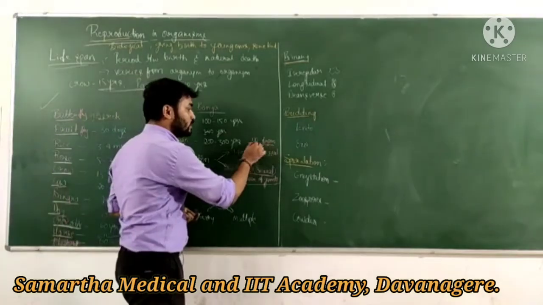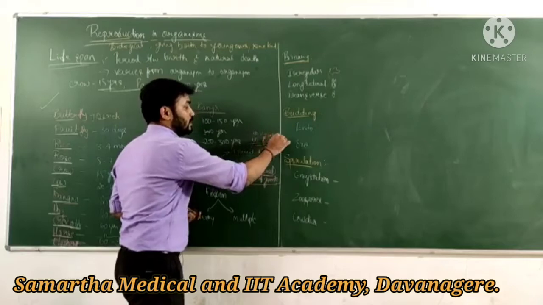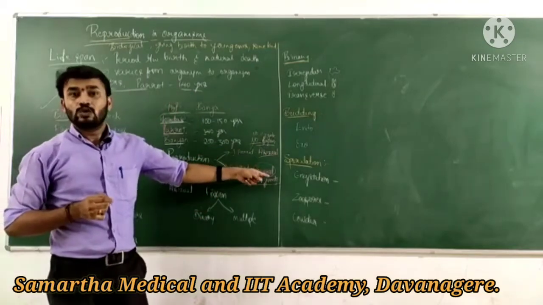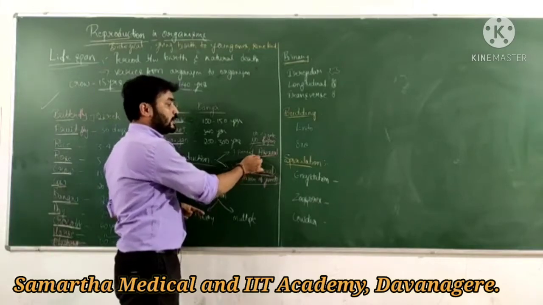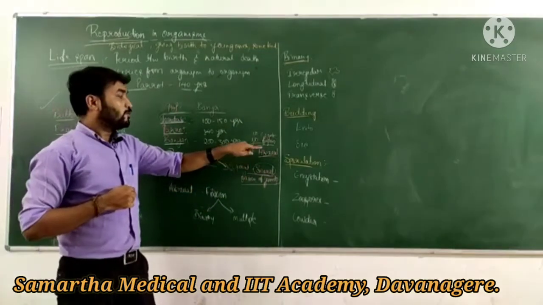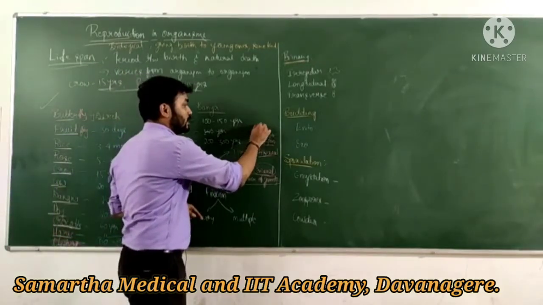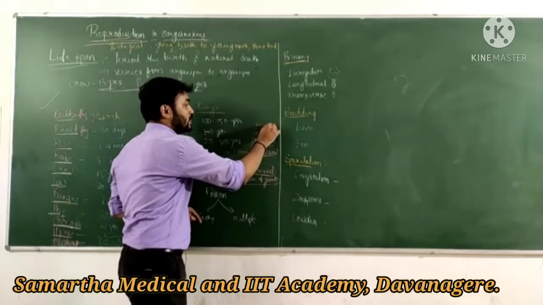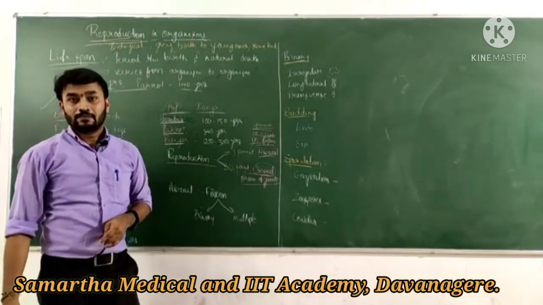If there is no fusion, there will be no zygote. That's why we can define asexual reproduction as a mode of reproduction involving a single parent without formation or fusion of gametes, which does not lead to zygote formation.